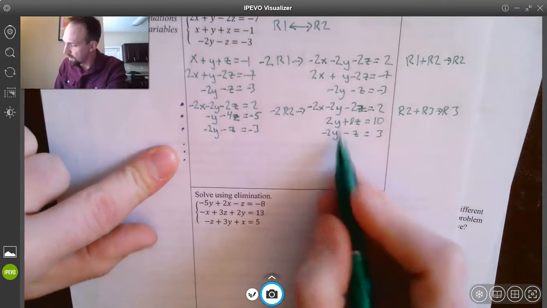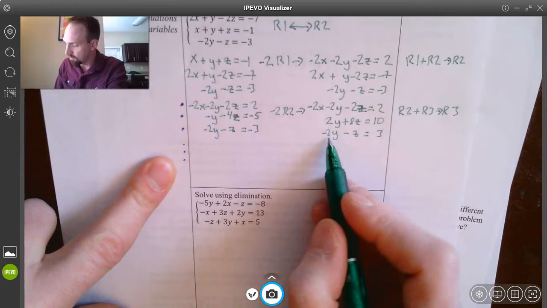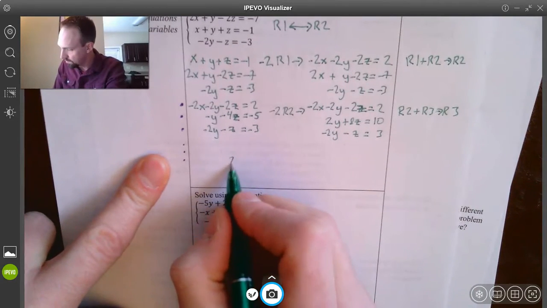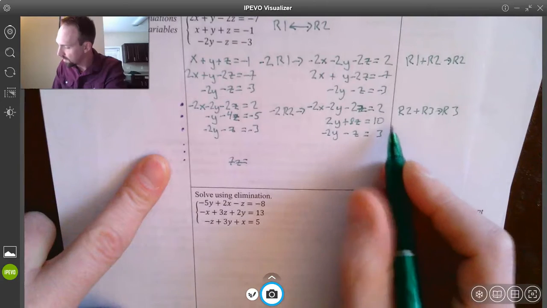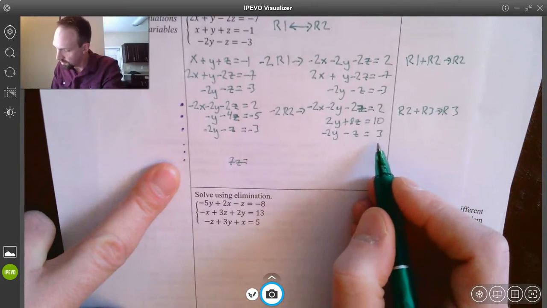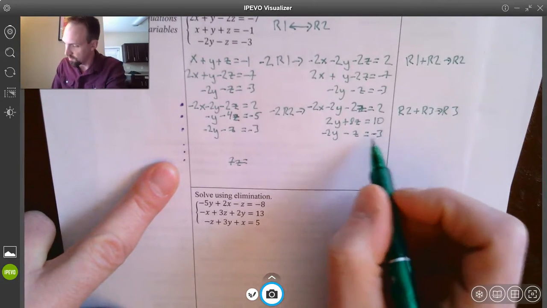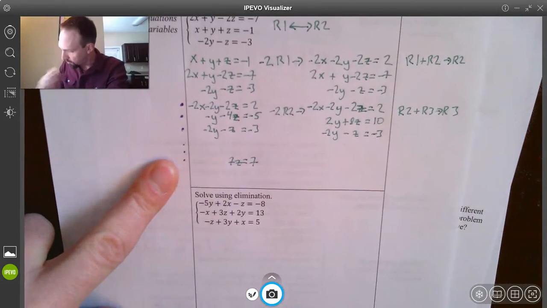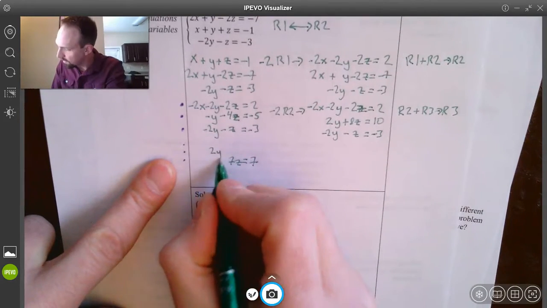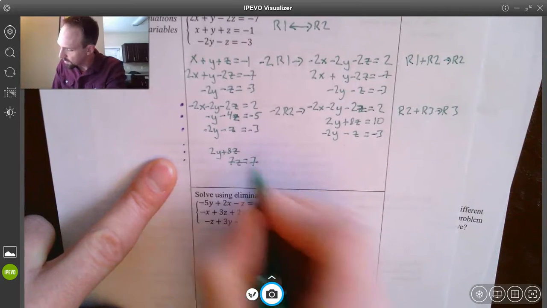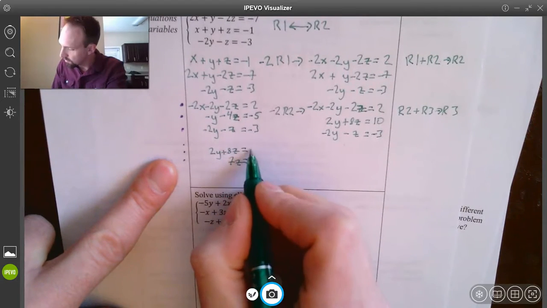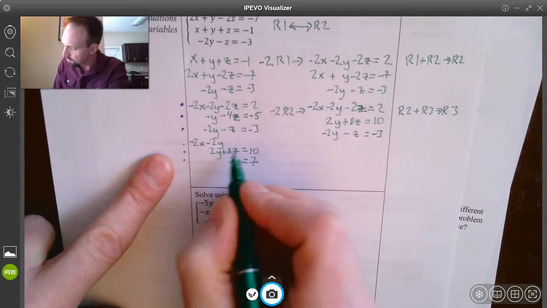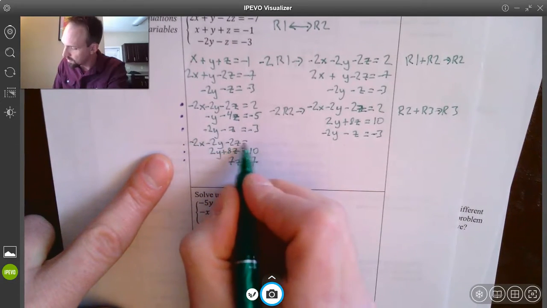My new row 3, if I combine those together, I'm going to have 0x, 0y, and 7z equals 10 plus, forgot to bring over the negative 3, is 7. And then my row 2 is 2y plus 8z equals 10. And then my row 1, negative 2x minus 2y minus 2z equals 2.